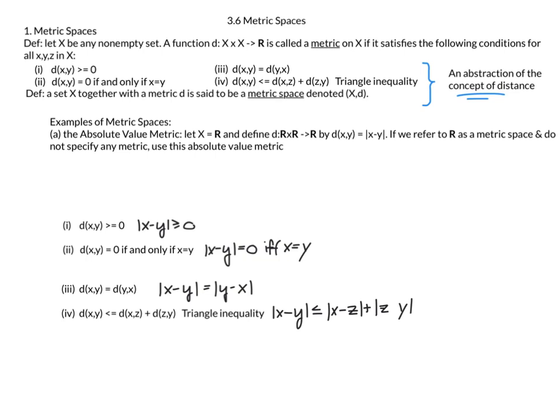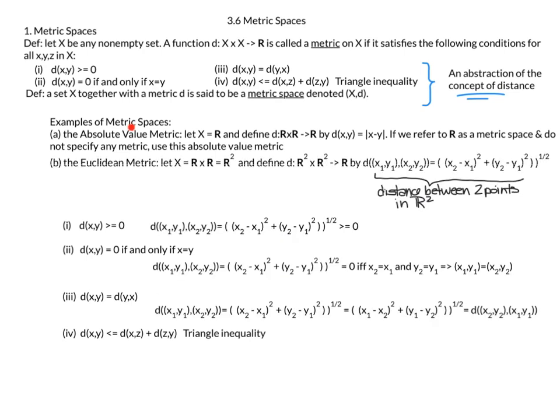Second, the absolute value of x minus y is equal to 0 if and only if x equals y, because of how the subtraction of real numbers works. Third, we know that the absolute value of x minus y is equal to the absolute value of y minus x. And last, we have the triangle inequality. The absolute value of x minus y is less than or equal to the absolute value of x minus z plus the absolute value of z minus y. And this proof I am not going to do since it is done in a number of other places when you're looking at absolute values.